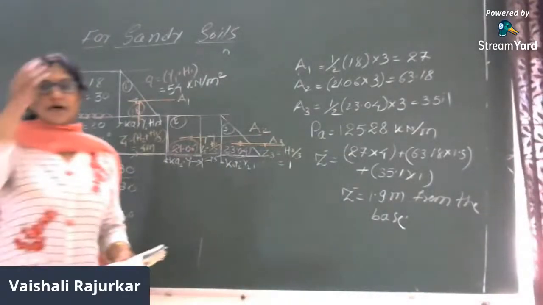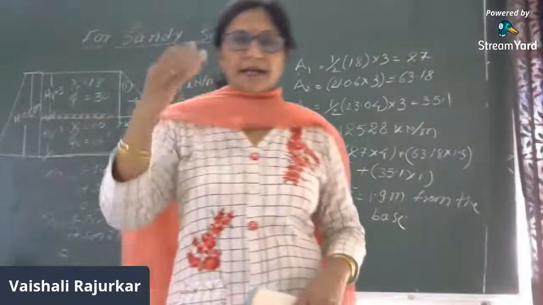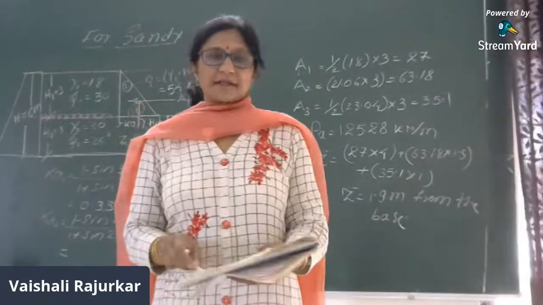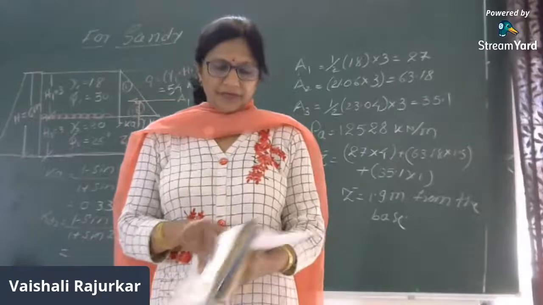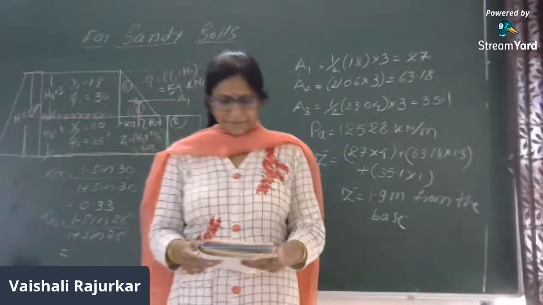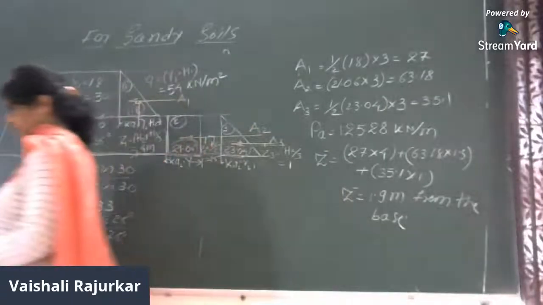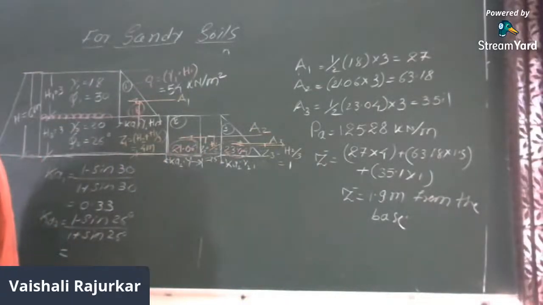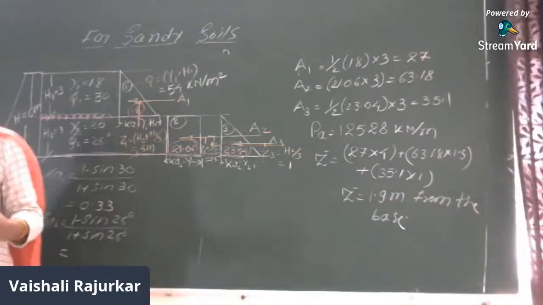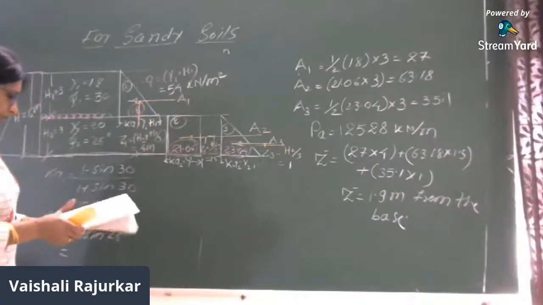Now, this is about the second case where there are the two layered soils. Right? Now we will discuss the third type of numerical where we are considering the surcharge soil. In this case, we will consider a retaining wall.